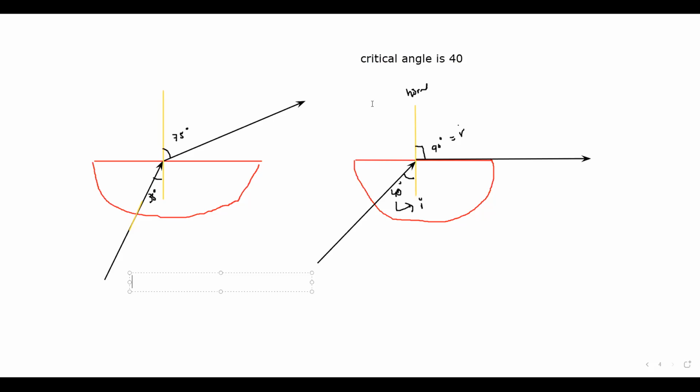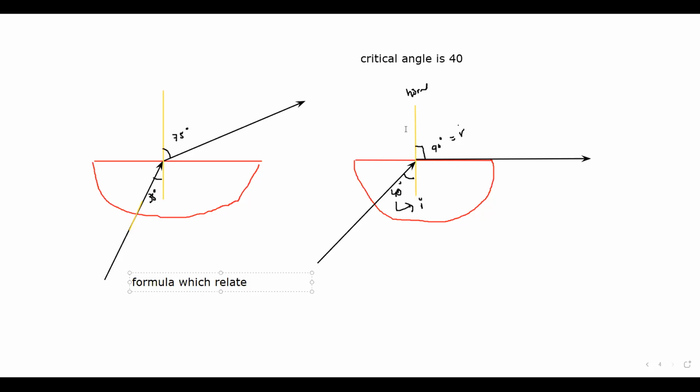Now, a formula which relates the critical angle.